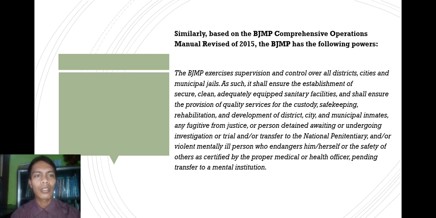Any fugitives from justice or persons detained awaiting or undergoing investigation or trial and or transfer to the National Penitentiary, and or violent mentally ill persons who endanger themselves or the safety of others, as certified by the proper medical health officer pending transfer to a mental institution.